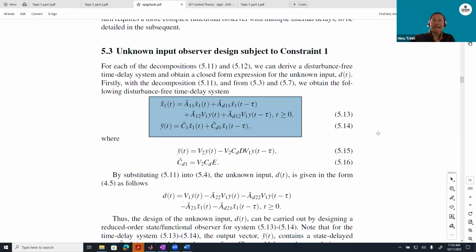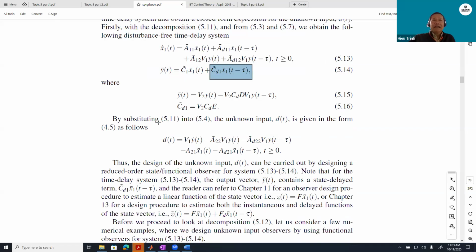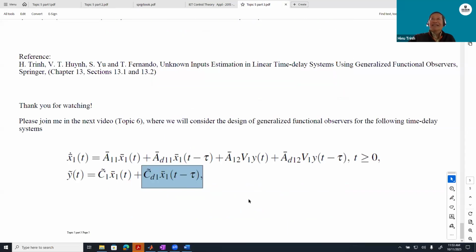And as you can see, it has an extra term in there. As well, the decomposition of the unknown input is now in terms of this generalized functional. So there's a need for the design of generalized functional observers to estimate this generalized functional of this new class of time delay system. And that's what we aim to do in topic 6.